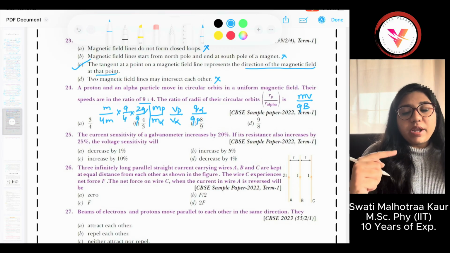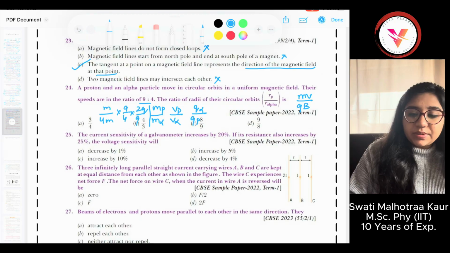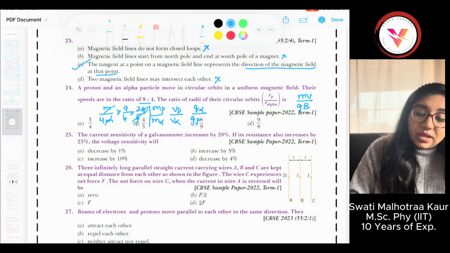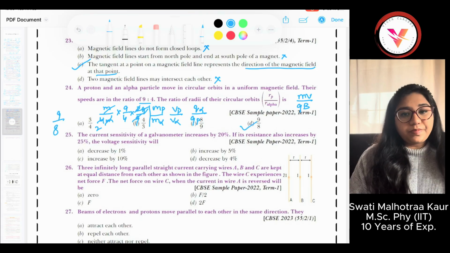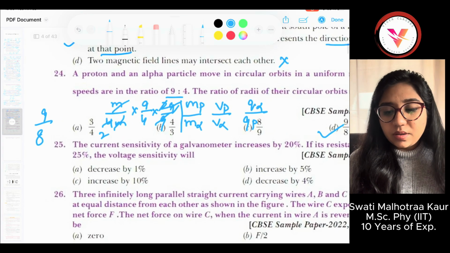For alpha the charge is double and mass is 4 times, then q cancels, mass cancels, 2 ones are 2, 2 fours are 8, so 9/8 is the ratio.